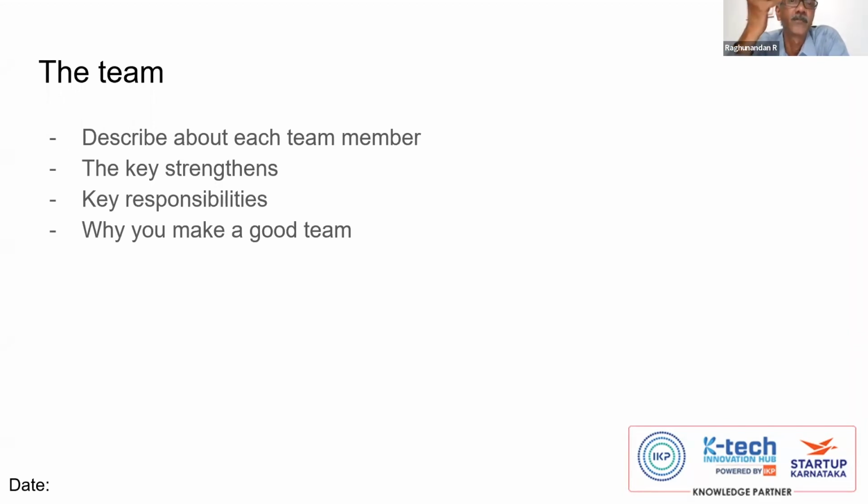because your team composition should be such that it can prove that this team has the expertise to actually do this, right? As students, of course, you don't have work experience, or if you have part-time work experience, it would be great to put that. But you can always say what your key skills are. Some of you would be very good at talking, so typically you will make a good marketing and public relations person.